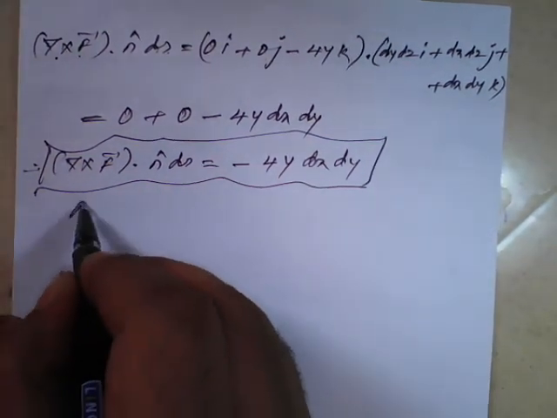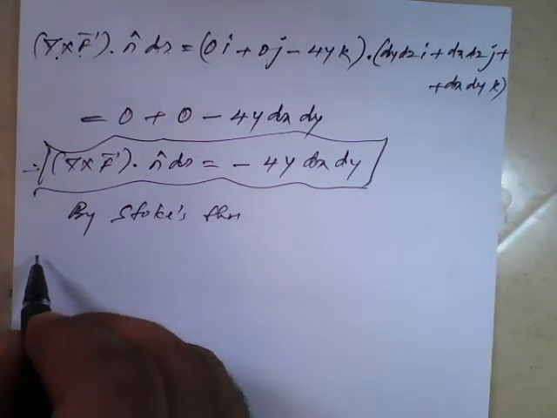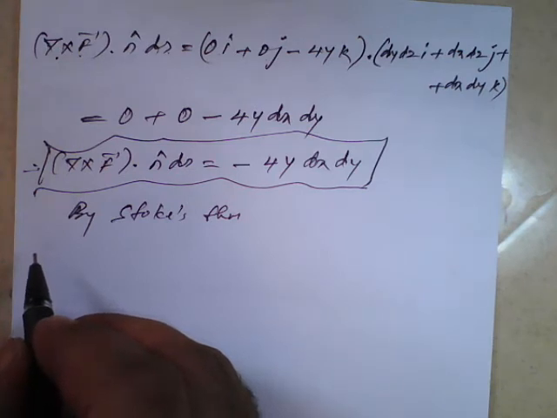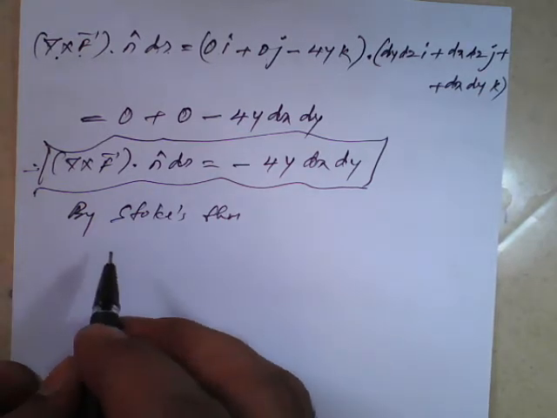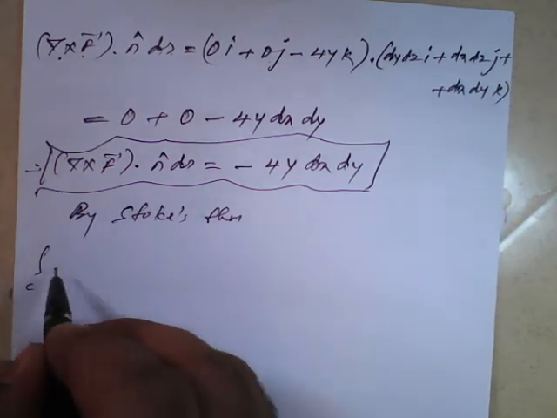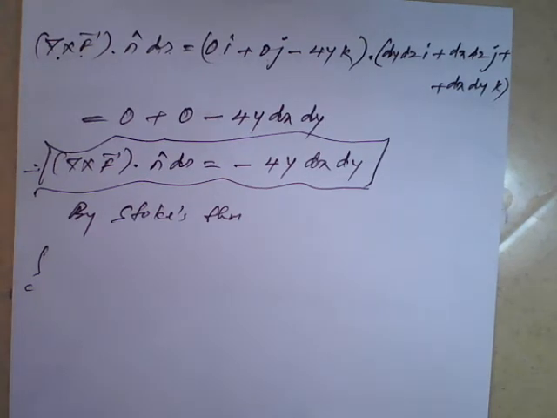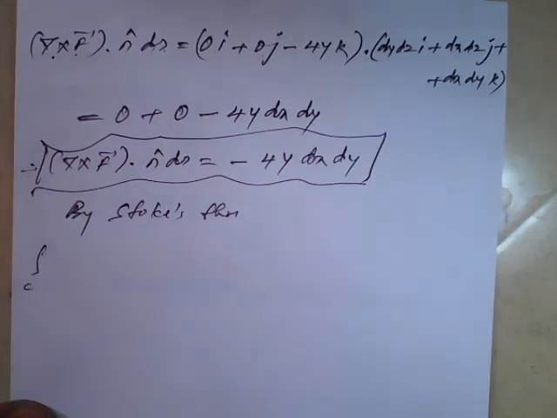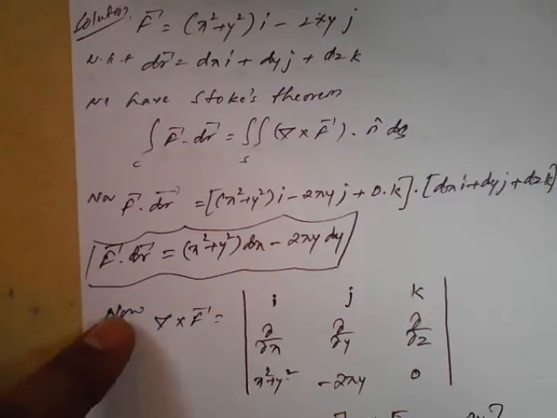So by Stokes theorem, the left hand side as per the question is the integral of f dot dr, which we have already calculated in the previous steps.